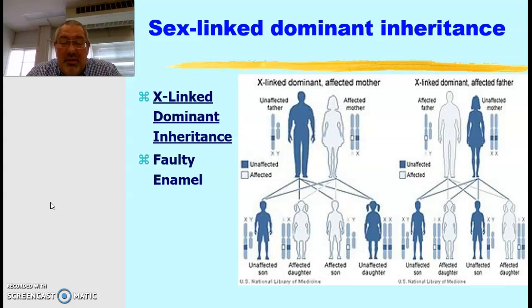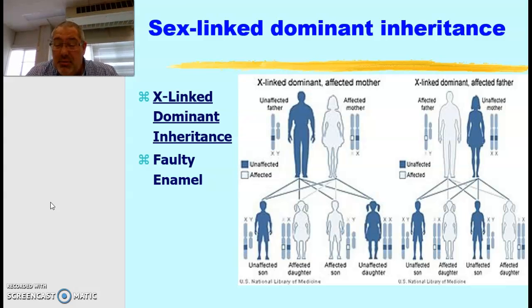In the example on the left, unaffected father and affected mother, there's a 50% chance of offspring also inheriting this condition, and one of the two is a daughter and one of the two is a son. On the right, it has affected father and unaffected mother, and because the father is affected, he passes that condition on in the X chromosome to his daughters.